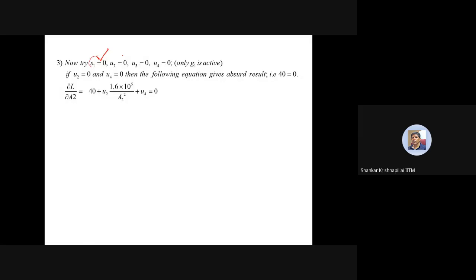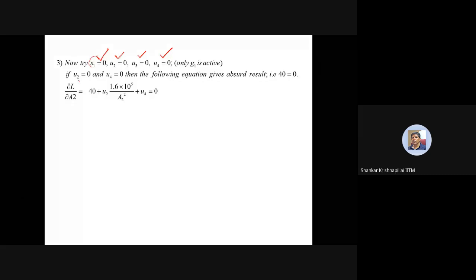First constraint is active, second constraint is inactive, third constraint is inactive, fourth constraint is inactive. So it means U2 equal to 0 and U4 equal to 0. Let us take this equation, partial L by partial A2 equal to 0.